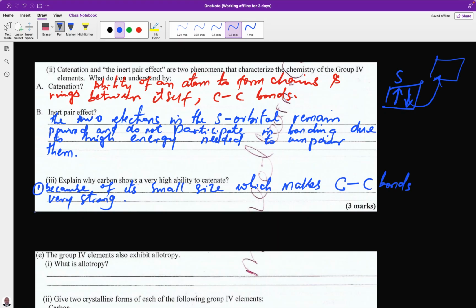Another reason, number two, is because carbon has an oxidation number greater than +2.